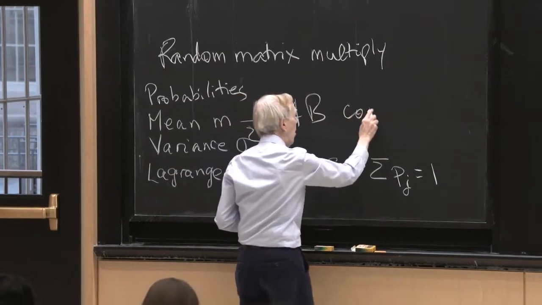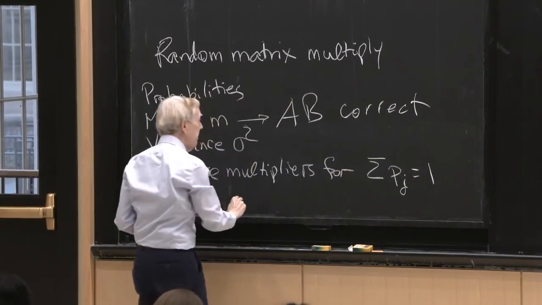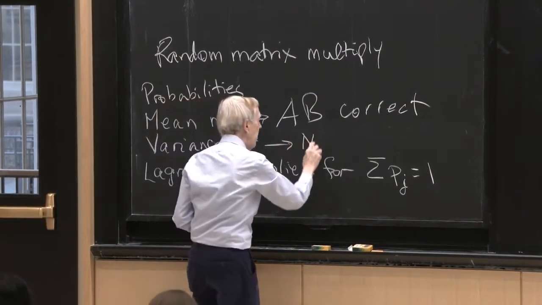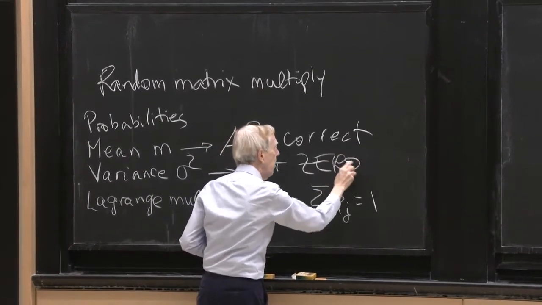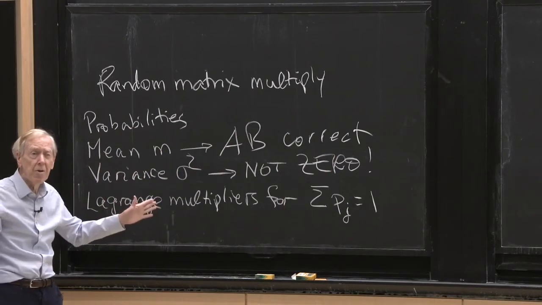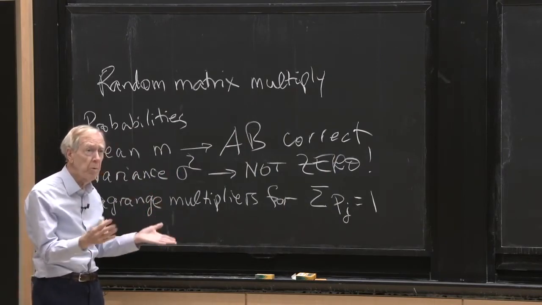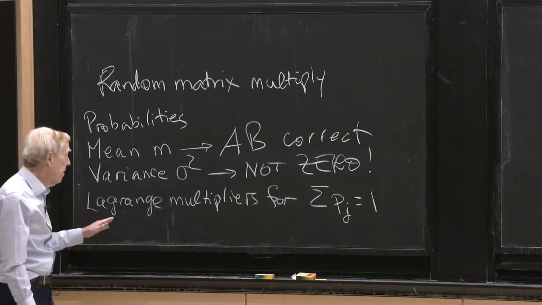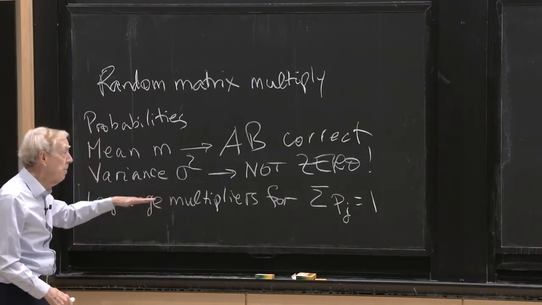But there's a big variance, not 0. We'll be all over the place with our samples. They'll just average out right, but they'll be all over. No particular sample will be right at all. And then we want to pick the best probabilities.